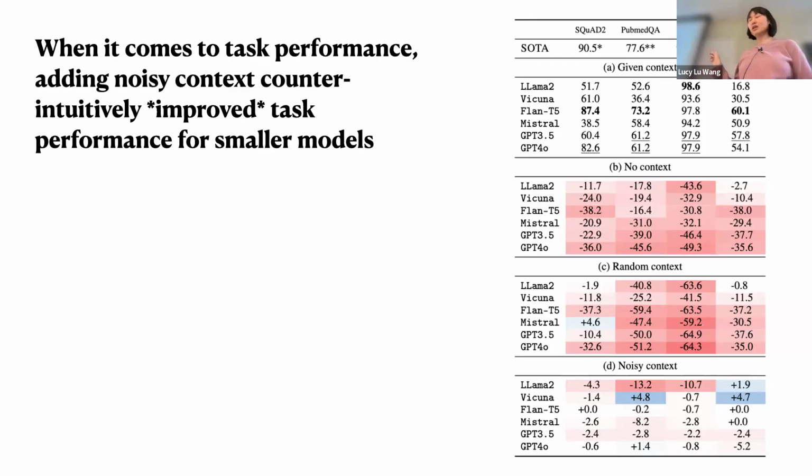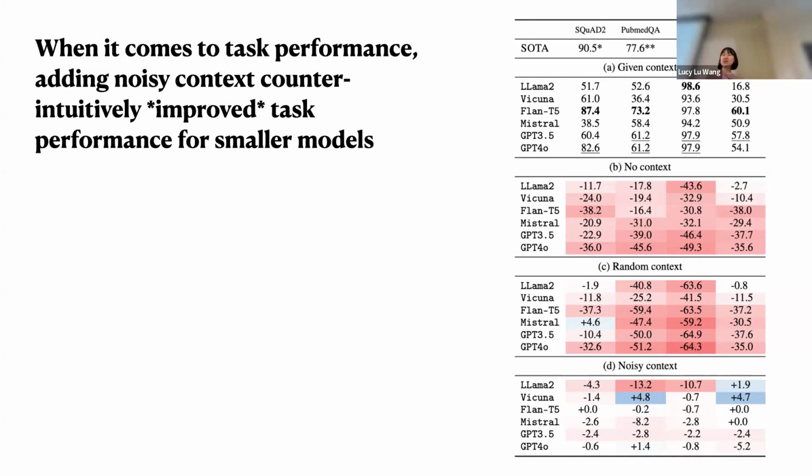And then we also see some maybe unexpected behaviors where the task performance increases when we add noise. So how is this possible? This is possible mostly because noisy context actually greatly facilitates abstention.